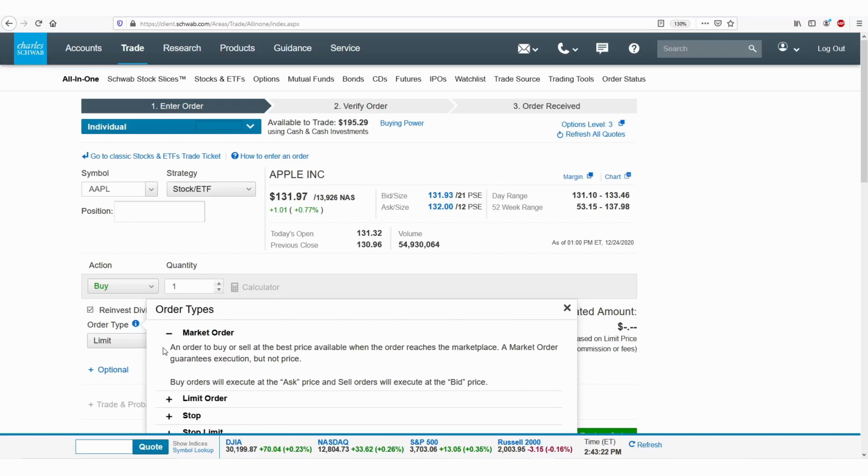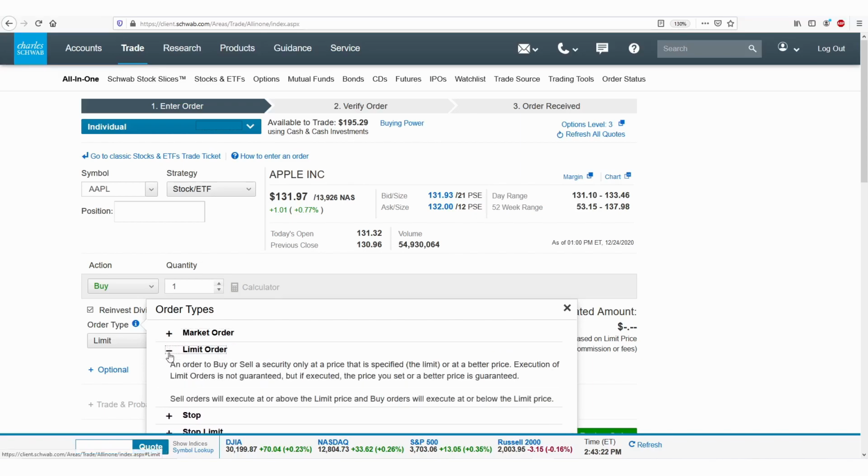Now there is also a limit order. In a limit order, it says it's an order to buy or sell a security only at a price that specifies the limit or at a better price. What a limit order is, if you want to buy a stock at a particular price, you would go ahead and use this. So you see today the stock is at around $131.97.